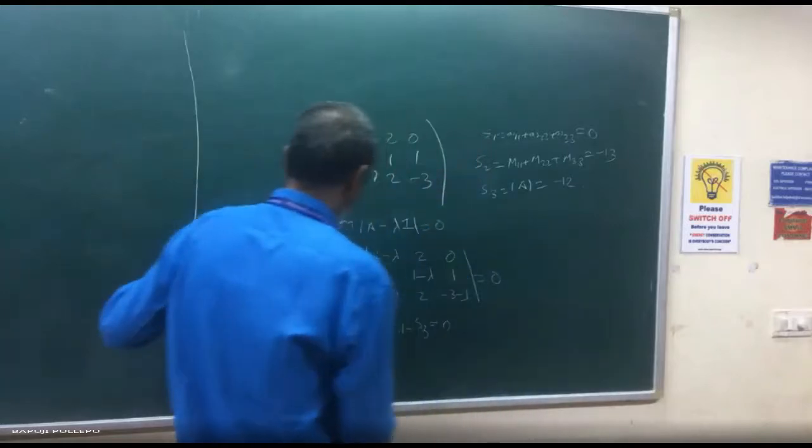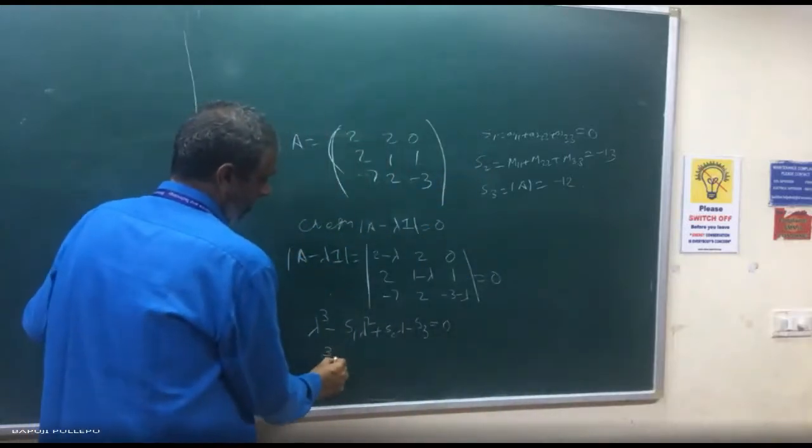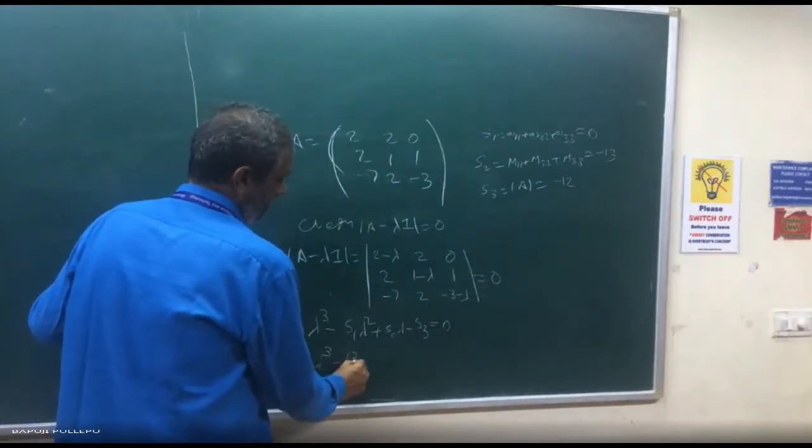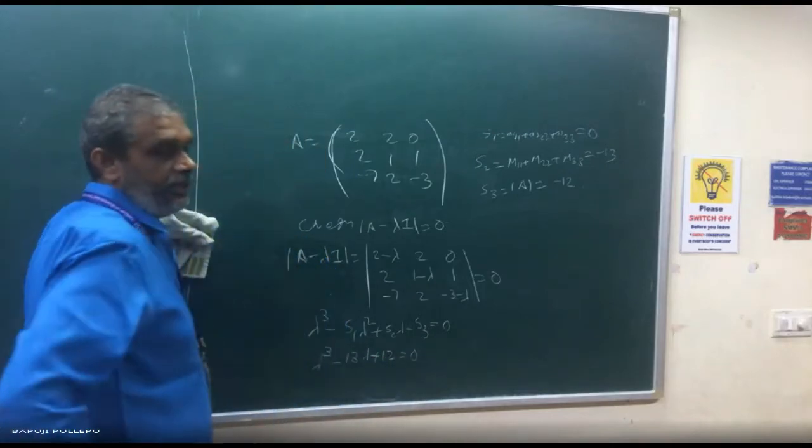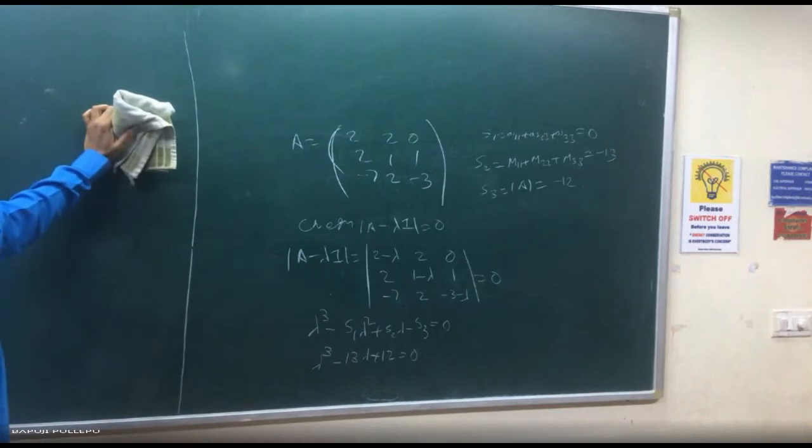So if you substitute what you got, lambda cubed minus 13 lambda plus 12 is equal to 0. By the method of trial, put lambda is equal to plus 1, minus 1, plus 2, minus 2. Lambda is equal to 1 satisfies, so 1 is a root. So I can write lambda minus 1 into something.